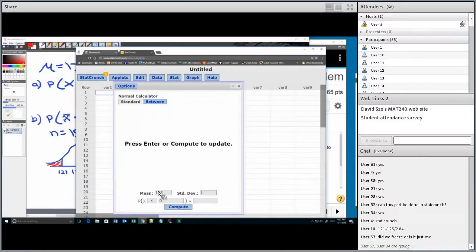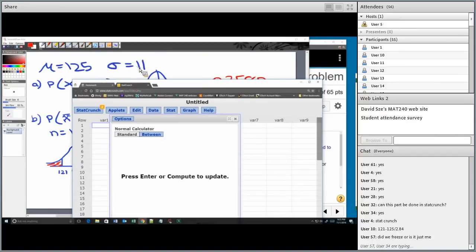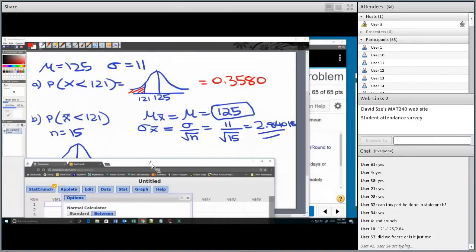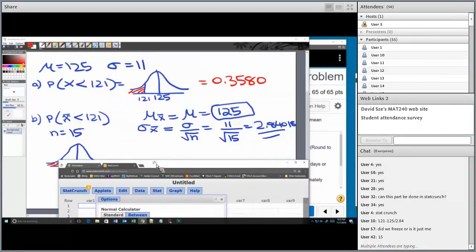My mean is still 125, but my standard deviation is not 11 anymore. Okay. What is my new standard deviation? Can you tell me what is my new standard deviation? Absolutely right. It is 2.84018, which is what I calculated here.